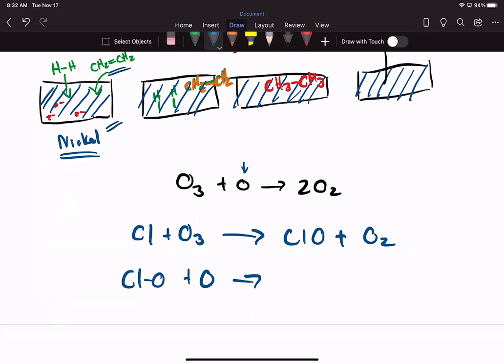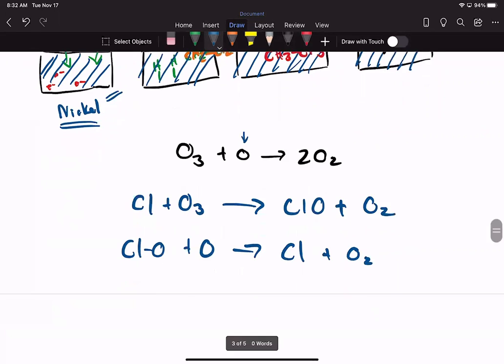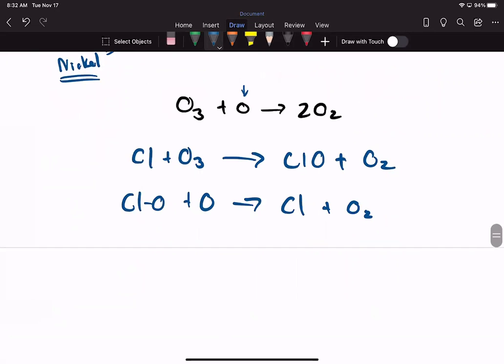And then we're going to get back our chlorine, plus we get some more oxygen, right? And this is my overall reaction. In the overall reaction, we don't put intermediates, and we don't put the catalyst in the overall reaction either.